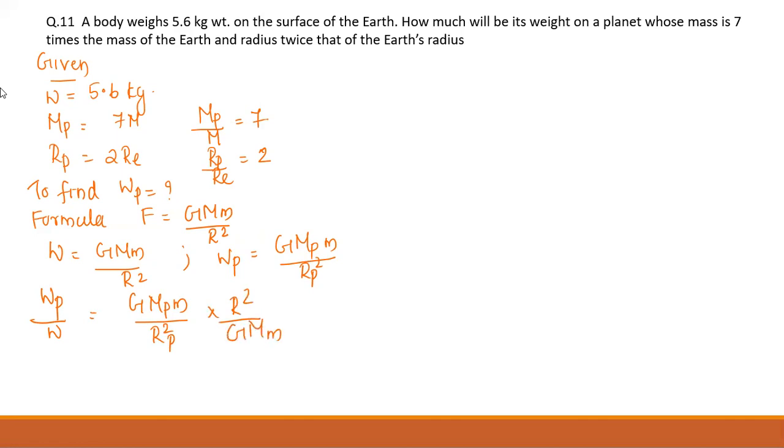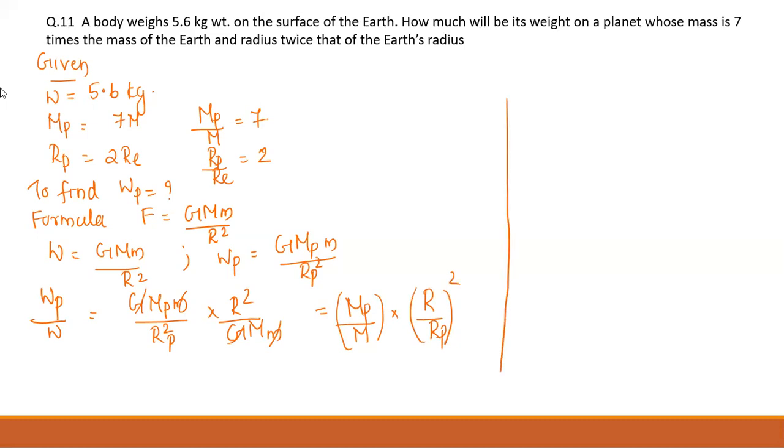Okay, so small m cancelled, G also cancelled. We got Mp upon M into r upon rp the whole square.